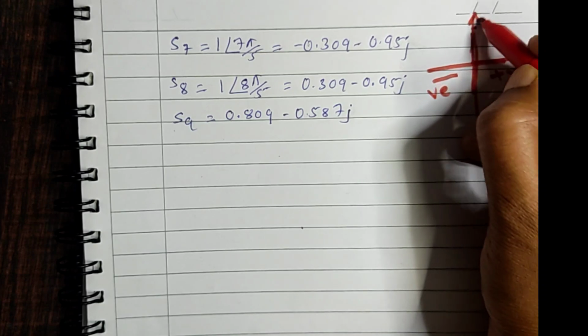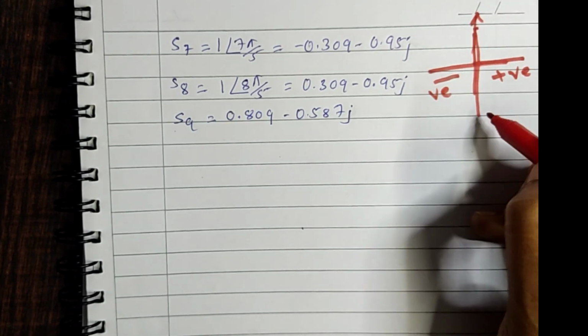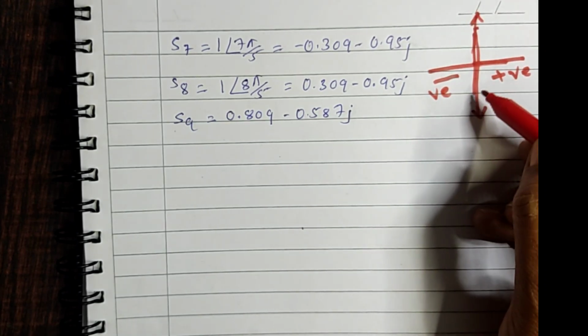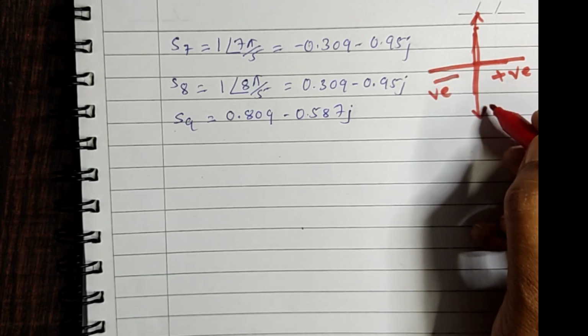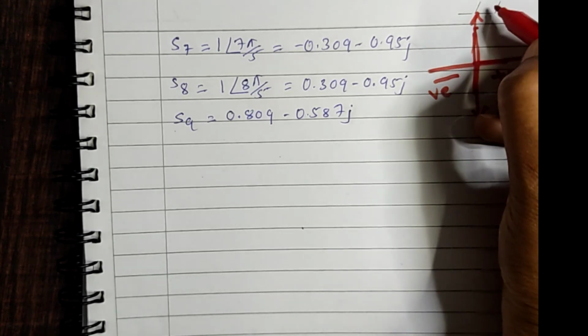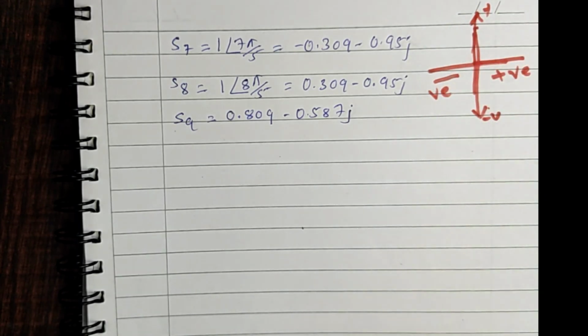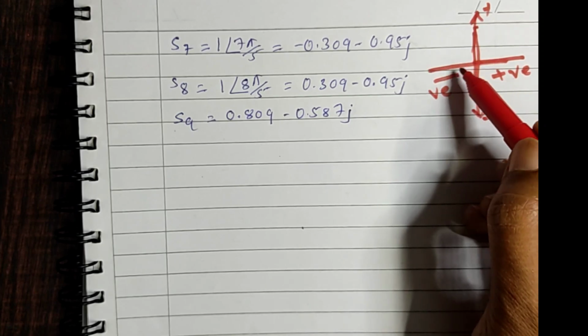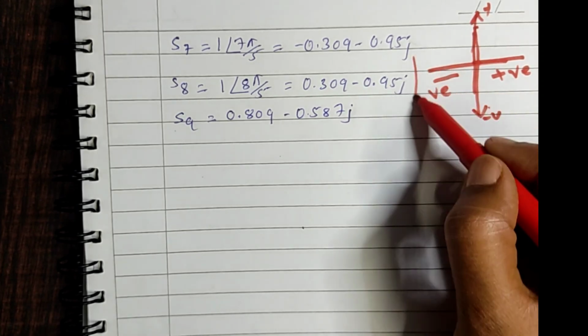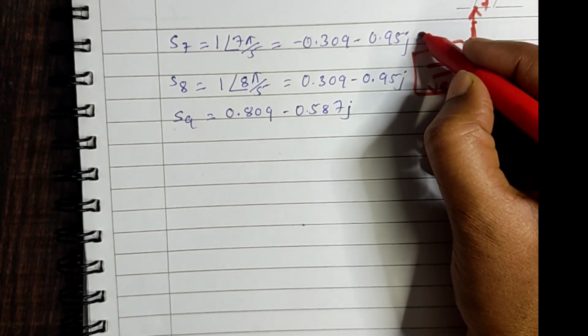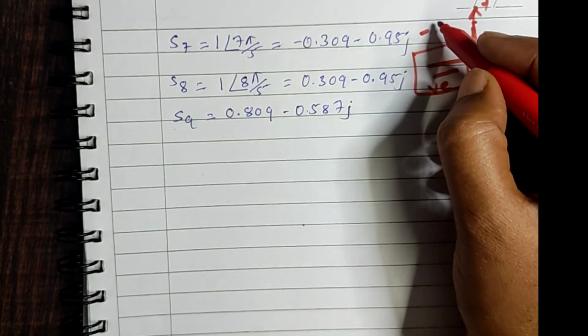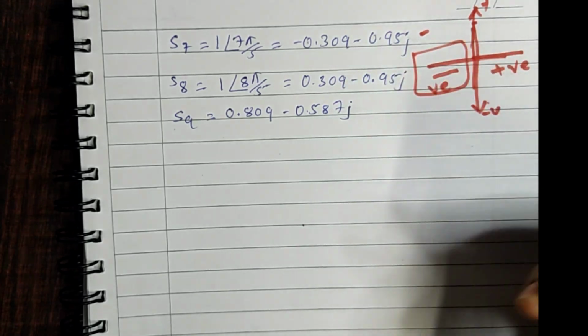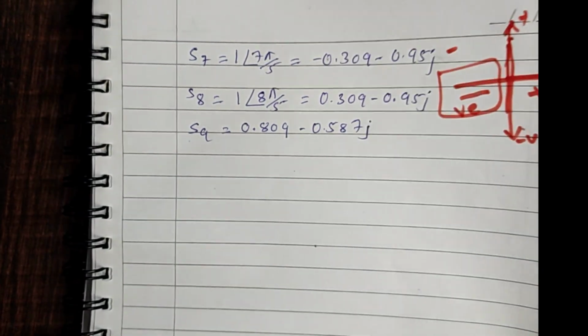This is the positive y-axis, and this is the negative y-axis. Now poles are supposed to lie in the left side of the S-plane. It means these roots, or poles, are supposed to be negative. Let us check one by one.